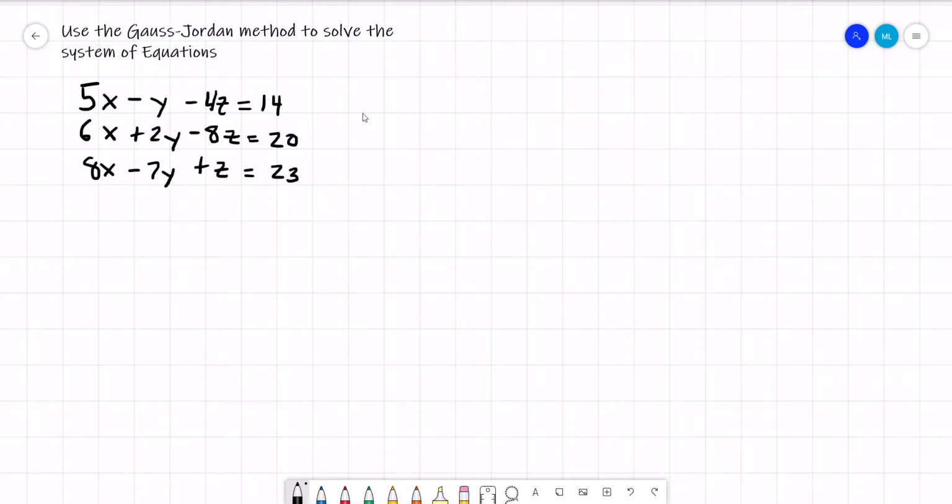Sometimes we can do simple things like switching rows or equations, or simply divide by a constant. You don't really need to do these preliminary steps, but sometimes they may simplify the process at least.